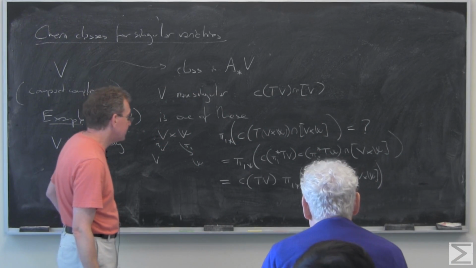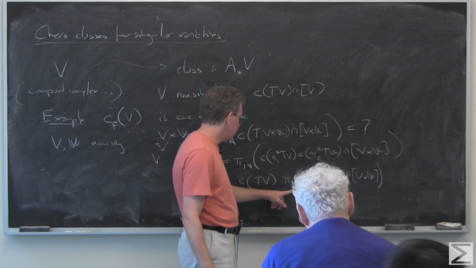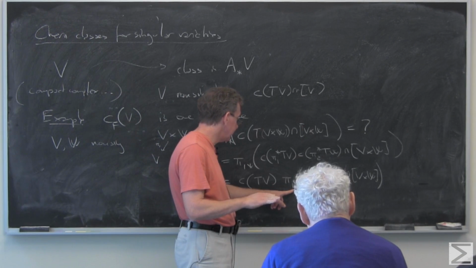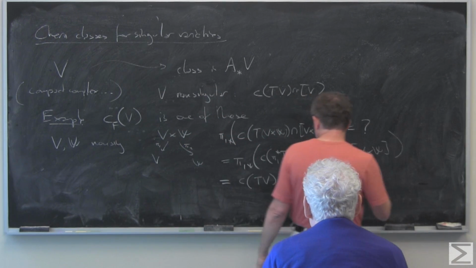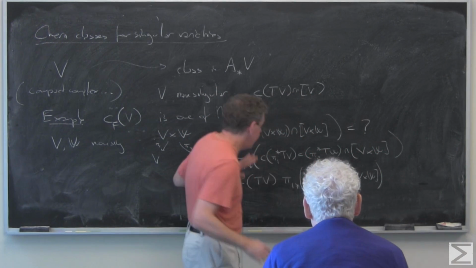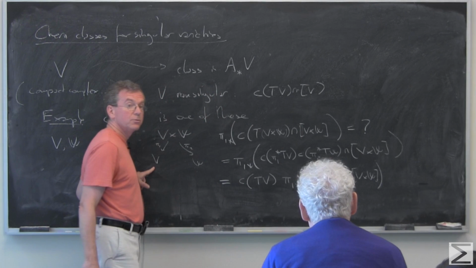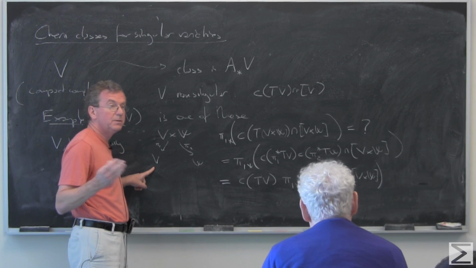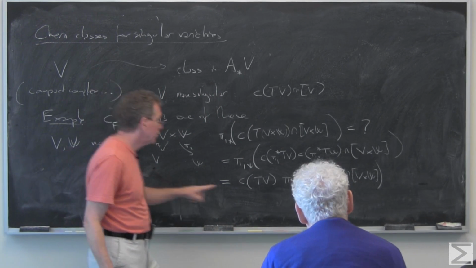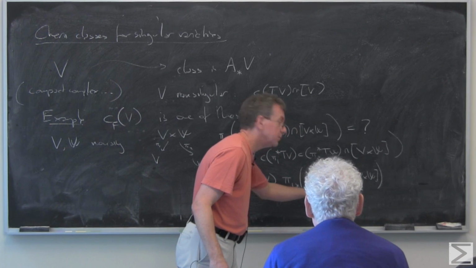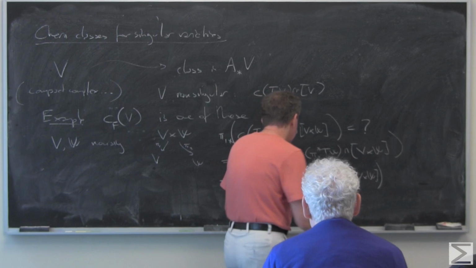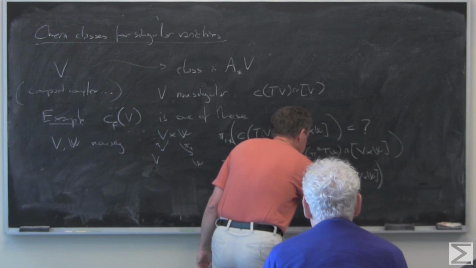And you see, this is kind of nice because the push forward clearly kills everything that ends up being in dimension higher than V. There's a V here. Right, this lands in V. So if I have terms that have dimension higher than V, they vanish. And the only term that is not of dimension higher than V in here is the top Chern class of TW. So in fact, I can put top here without changing anything.